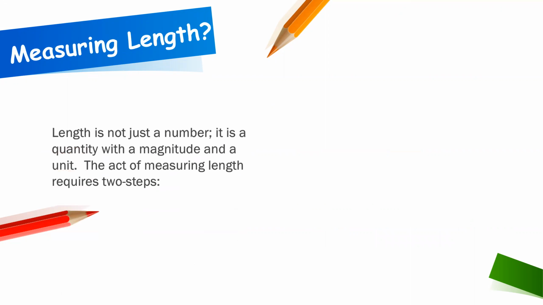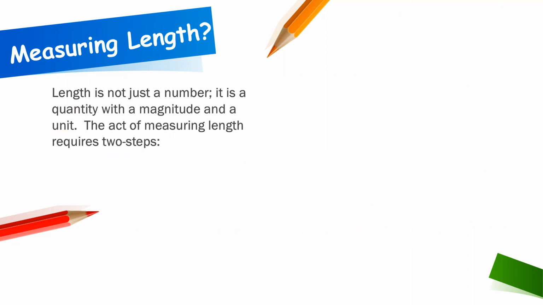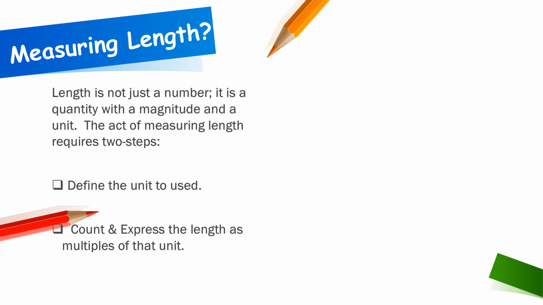For example, if you are measuring length, length is not just a number, it's a quantity with a magnitude and a unit, meaning how many and what is the unit. So again, we rely on that two-step process: define the unit that we're going to use, then count and express the answer as multiples of that unit.